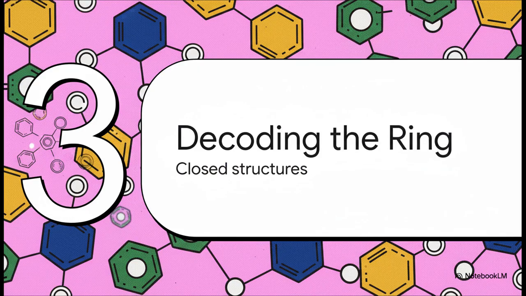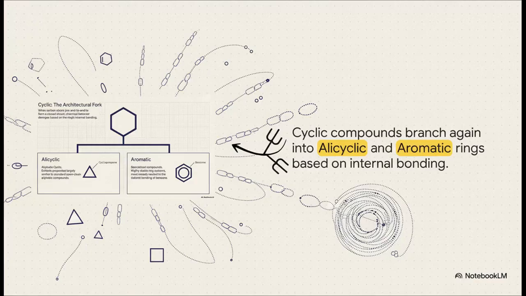All right, so we've covered the open planes of acyclic compounds. Now let's explore the world of closed structures, the rings. And trust me, this is where the molecular architecture gets really interesting. So, once we've decided our blueprint is going to include a ring, we hit another architectural fork in the road. This time, it all comes down to how the atoms inside that ring behave and bond with each other.